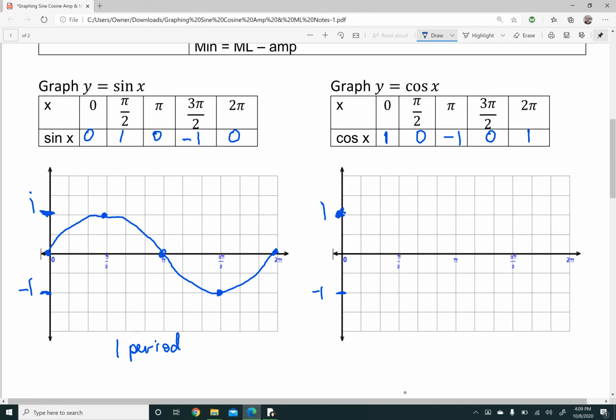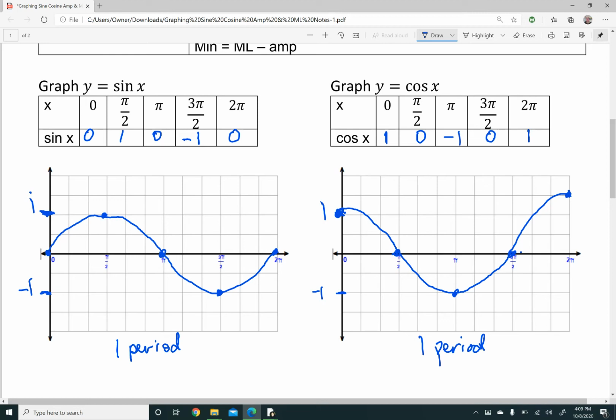So we'll graph those points, 0, 1, pi over 2, 0, pi -1, 3 pi over 2, 0, and 2 pi 1. So going off our 5 key points, we go from the max to the midline to the min to the midline to the max. And again, we make a nice smooth curve. Okay, and so this is one period of the basic cosine graph.